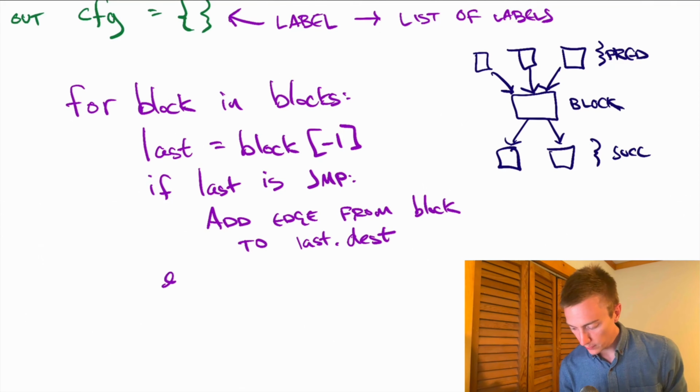is that it is a branch instruction. And branch instructions, of course, are just like jumps, except they have two different destinations. So we're going to need to add two edges to our graph.